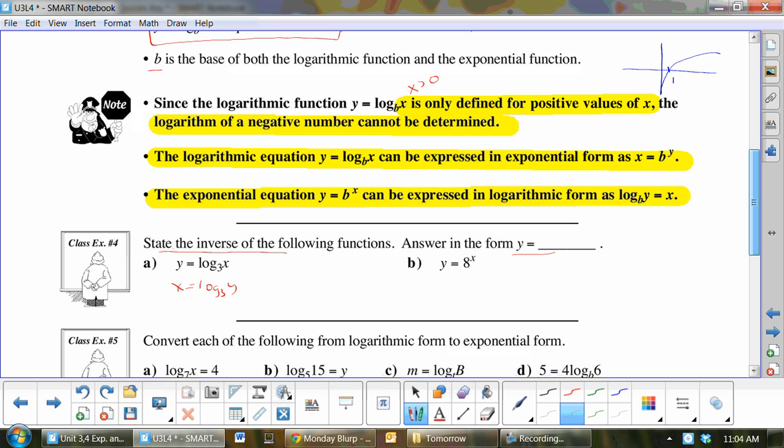Now those are inverses of each other. Now, I'm not done. It says get it in the form y equals. So Jamie Bell, how would I get that in y equals? And what happens with the x and the y?